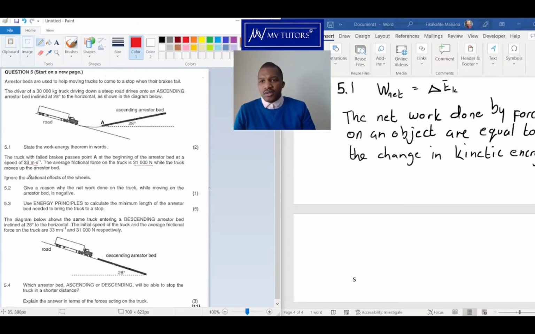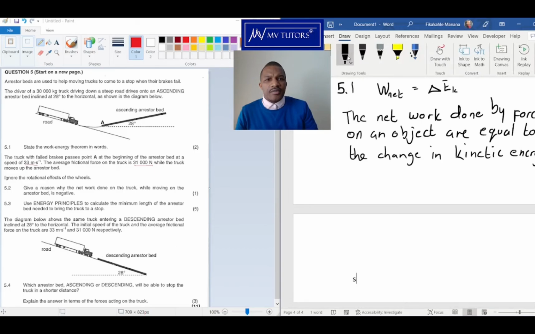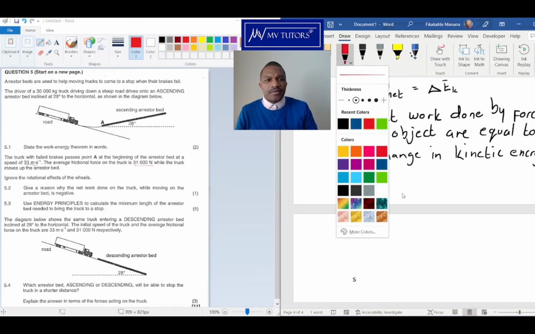Ignore the rotational effects of the wheels. Give a reason why the net work done on the truck while moving up the arrestor bed is negative.